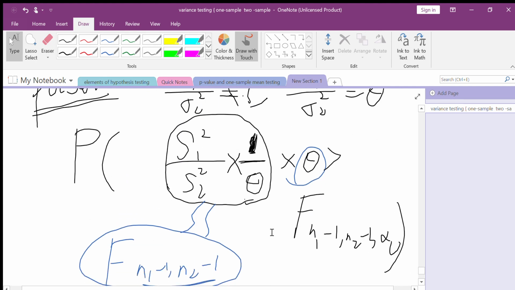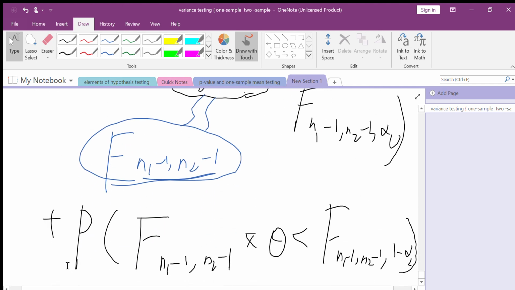So this is the power for two-sample variance testing. At this stage, we have finished the variance testing part.